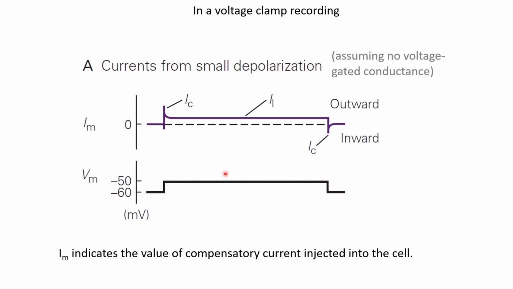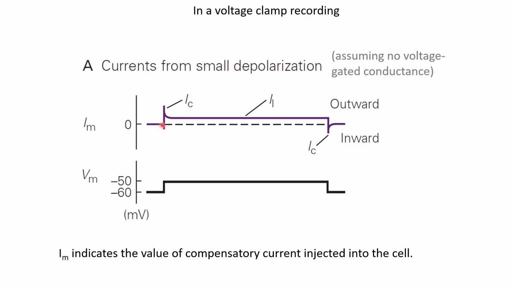Now let us consider what the currents will be that we can measure through the compensatory current. So in the beginning, the compensatory current is zero because the membrane was at its resting membrane potential. Now at this point where the membrane potential goes from -60 to -50 millivolts in a very short span of time, the membrane is increasing in its voltage. The membrane is getting charged. So there must be a large compensatory current flowing in to charge the membrane from -60 to -50.